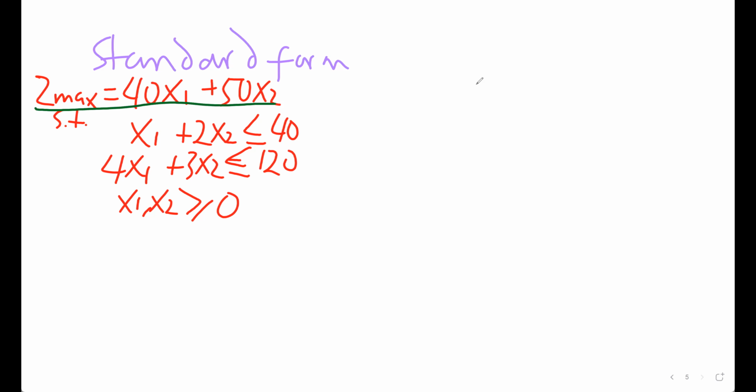So guys, before I do that, tell me something. What do you think is the contribution of the slack to the objective function? Or what do you think is the contribution of the slack to the profit function, to the Z function?